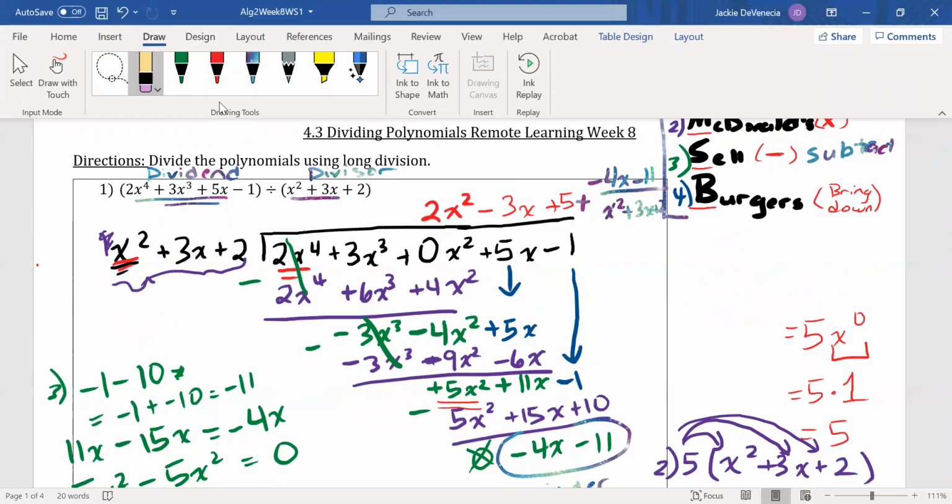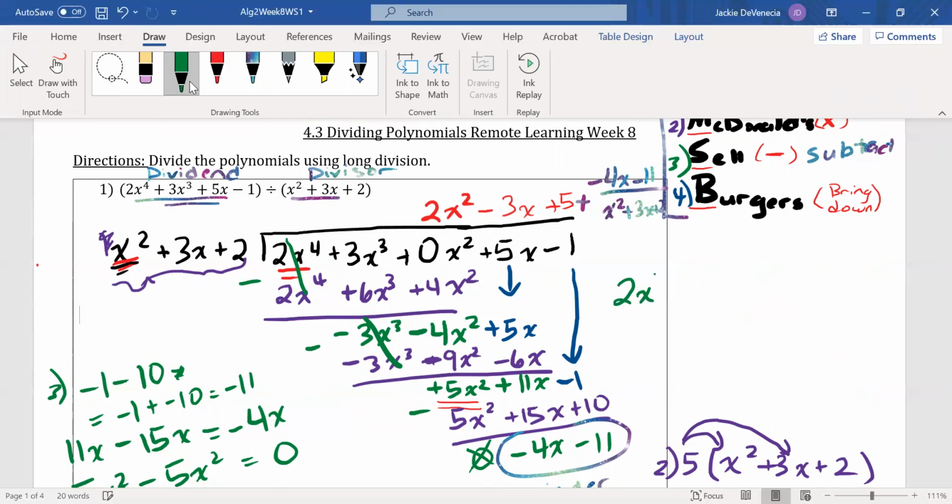Let me see if I can write it on the side right over here. So my full answer is going to be 2x squared minus 3x plus 5 plus, let's put this in parentheses so we know it's together, negative 4x minus 11 divided by x squared plus 3x plus 2.